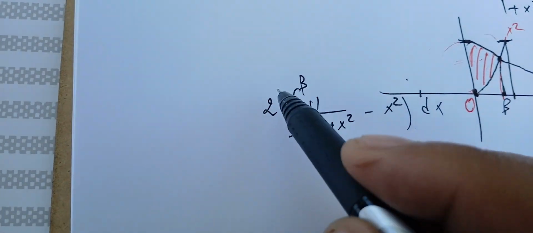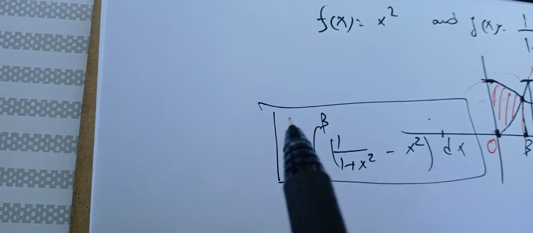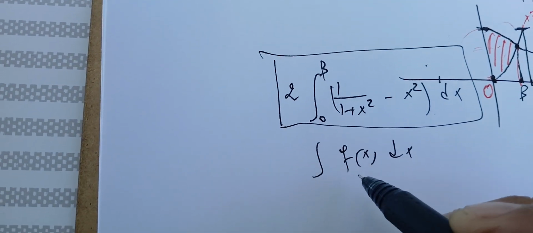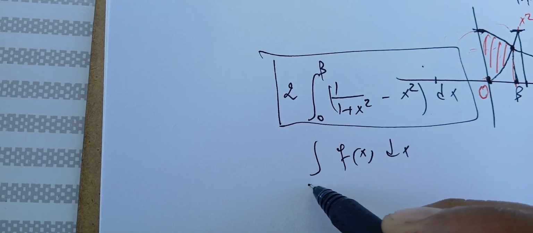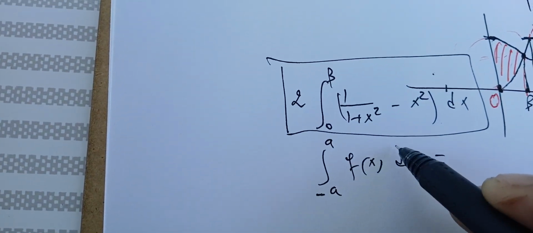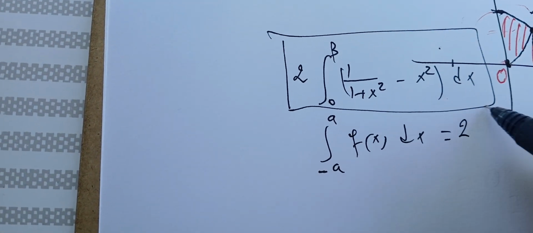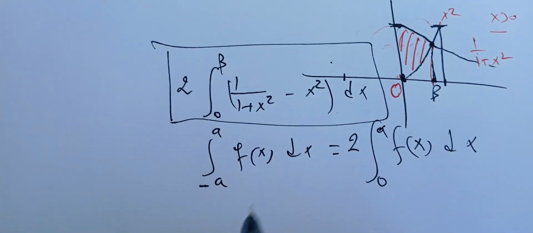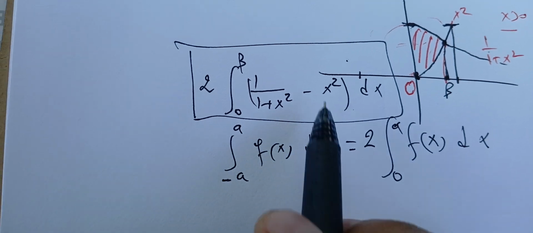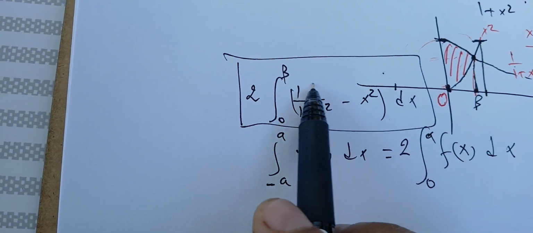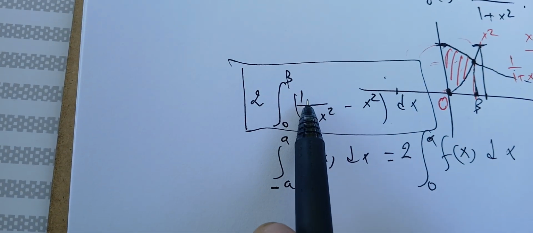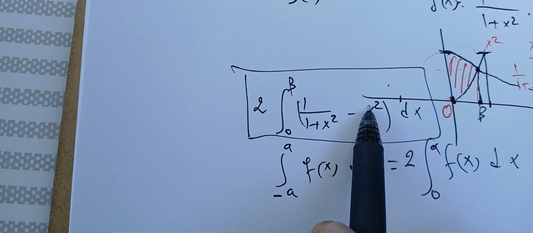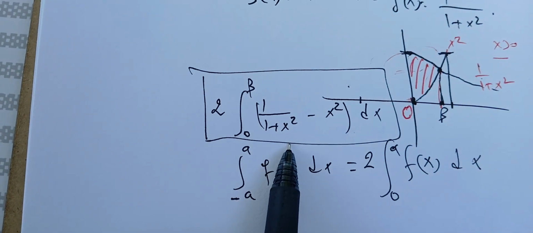The reason for this is that if we have an even function and I'm computing the integral between minus a and a, this integral is just 2 times the integral between 0 and a of f of x dx. That's what I used here. We can think of 1 over 1 plus x squared minus x squared as f of x, which is an even function, and therefore this is what we did here.